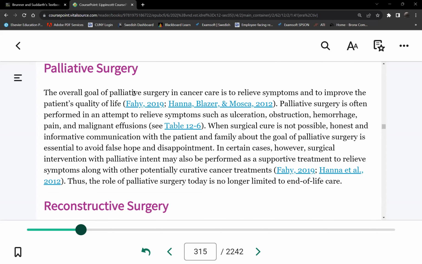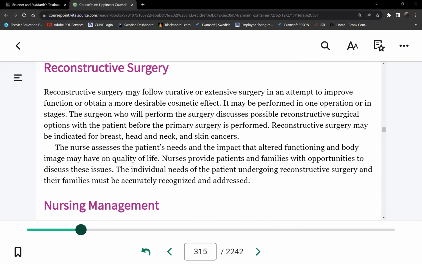We already talked about palliative surgery. So reconstructive surgery is, let's say, you lost your breast to cancer. So they'll do reconstructive surgery purely for cosmetic, but not 100% cosmetic. Sometimes it's also for body function restoration or improvement, right?